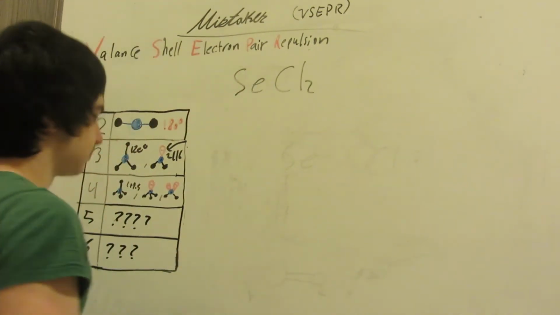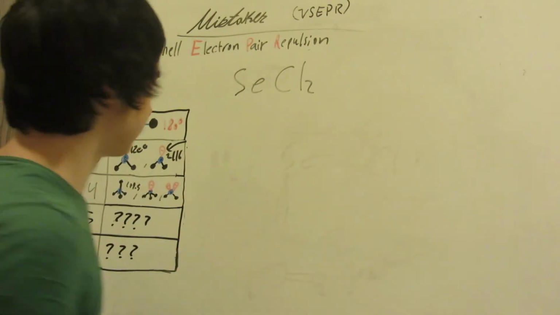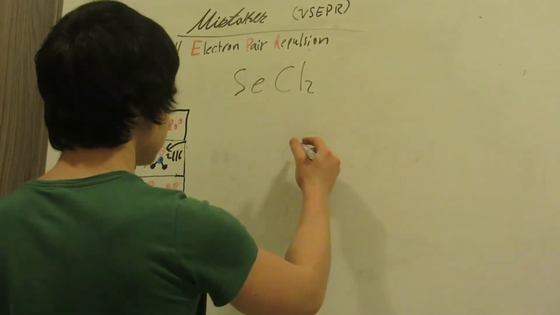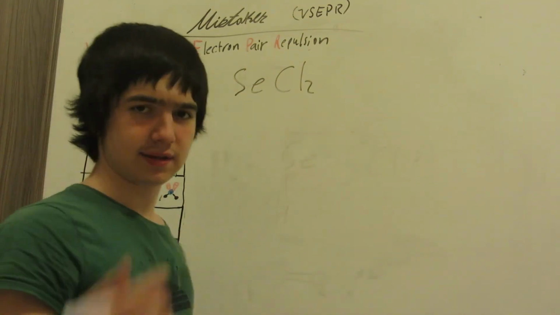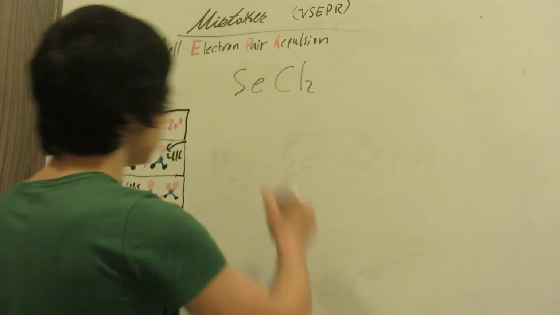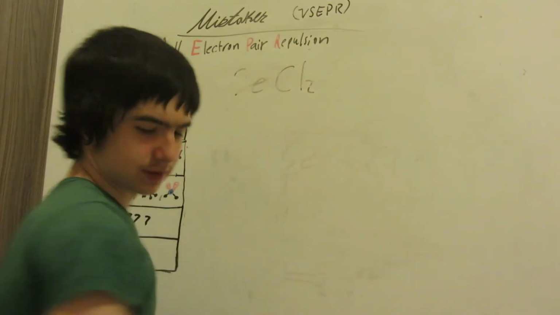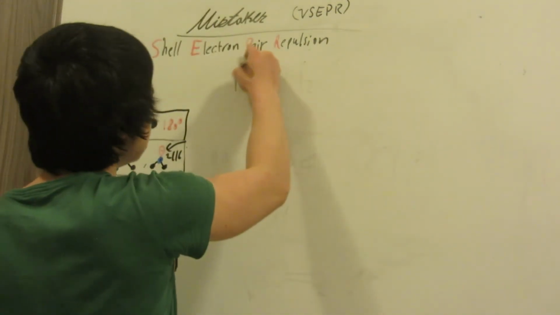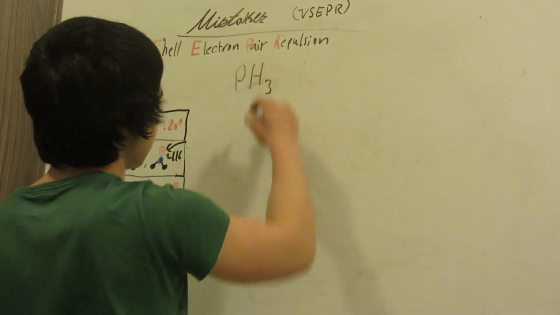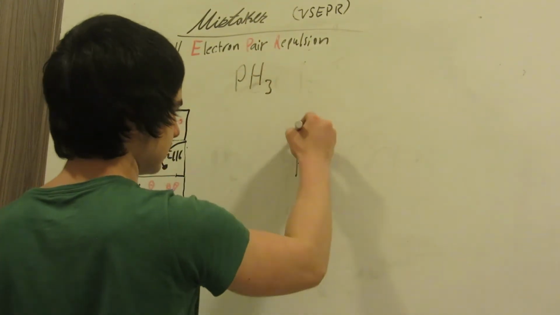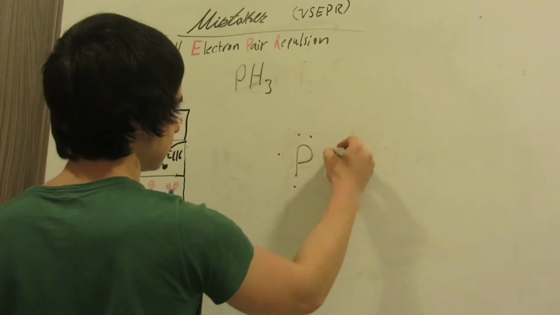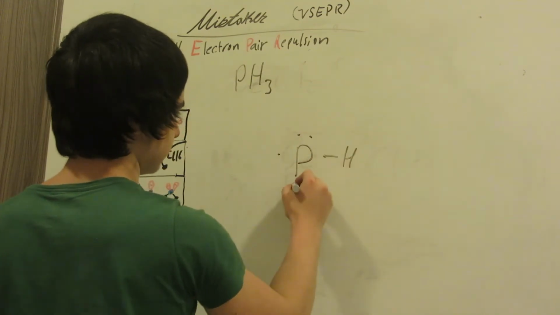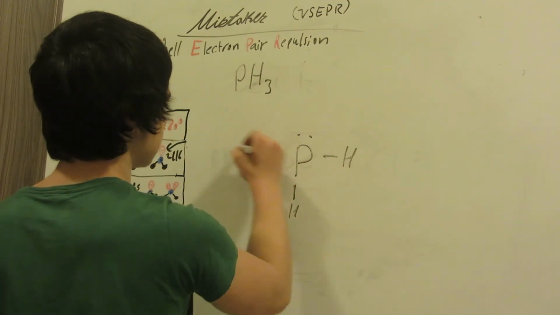Alright, another mistake which is going to be very, very common is when we're dealing with the trigonal planar. It's going to be an example of PH3. So we're going to have phosphorus right over here, with its valence electrons and single bonds.